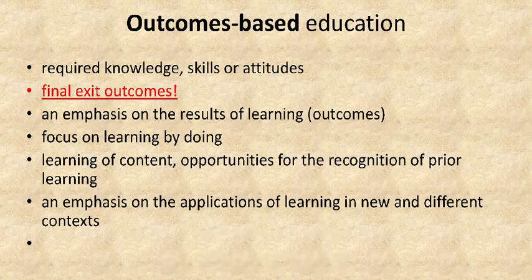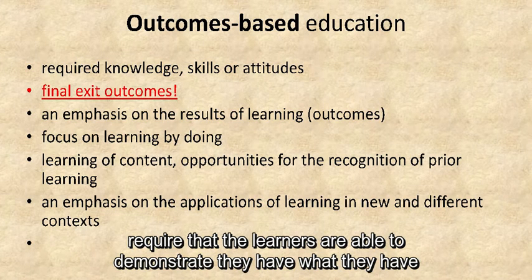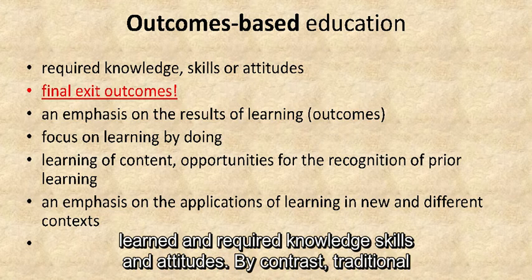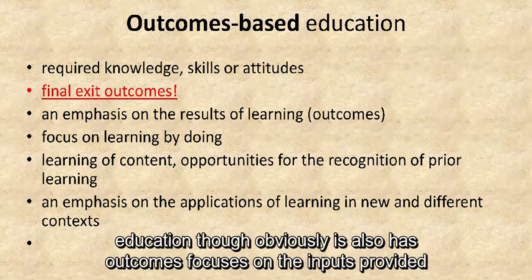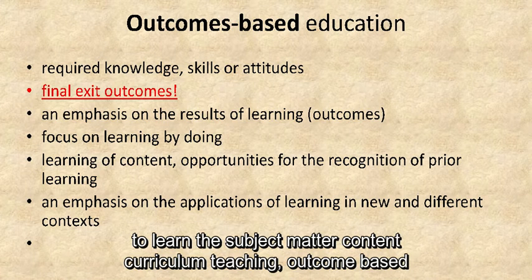These outcomes require that the learners are able to demonstrate what they have learned and required knowledge, skills, and attitudes. By contrast, traditional education, though obviously has outcomes, focuses on the inputs provided to learner, the subject matter, content, curriculum, teaching.